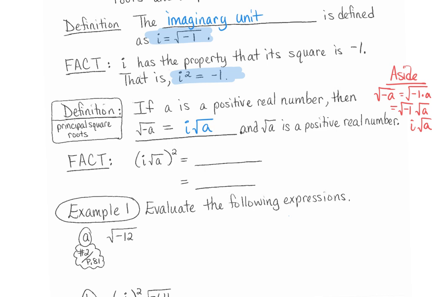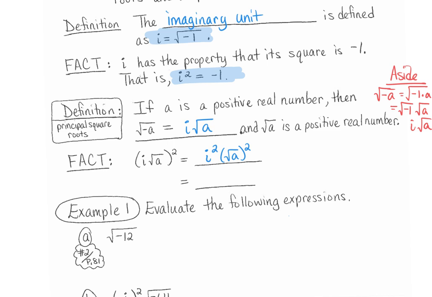So a fact, using our properties of exponents: if we take i times the square root of a and square that, we can rewrite this as i squared times the square root of a squared.